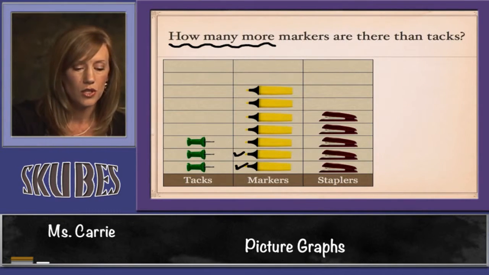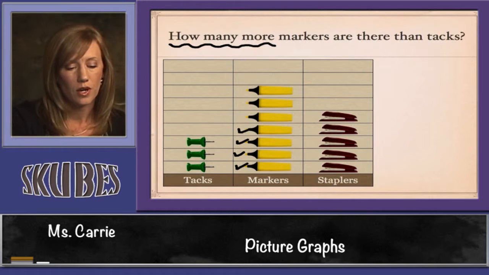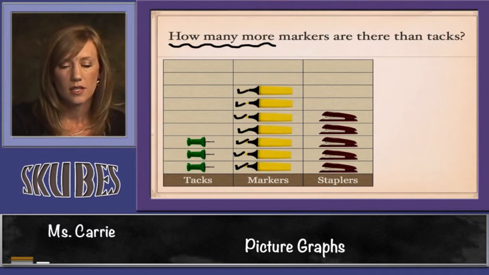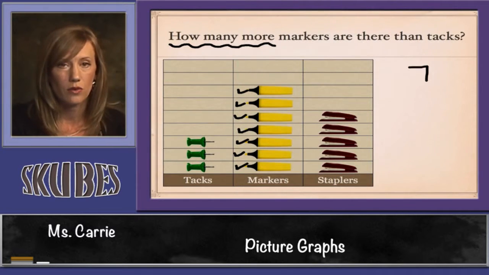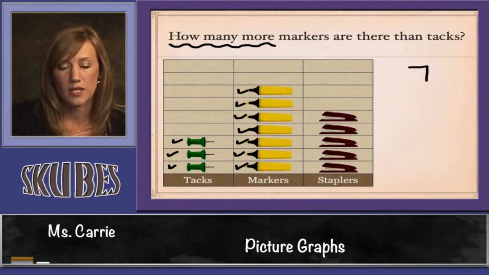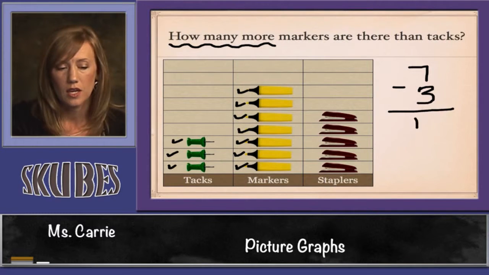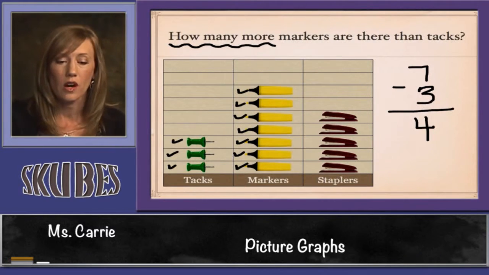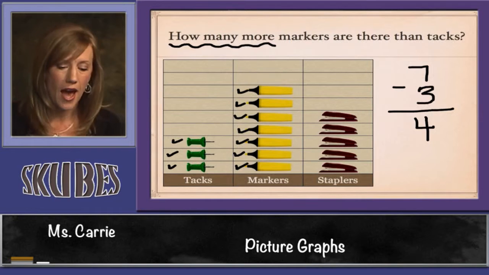We have 1, 2, 3, 4, 5, 6, 7. I'll write my 7 so I don't forget. And tacks were 1, 2, 3. Now we said to find how many more, we were going to subtract. And 7 minus 3 is 4. There are 4 more markers than tacks.